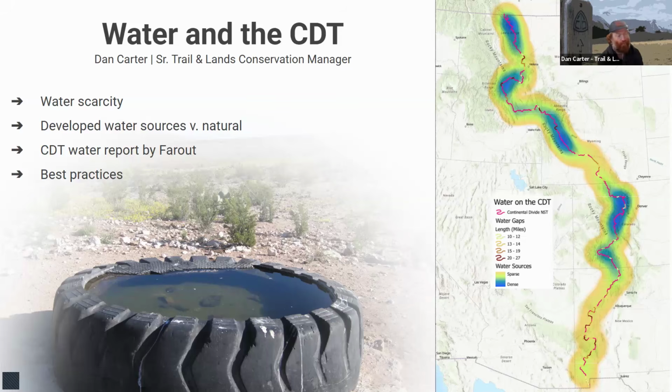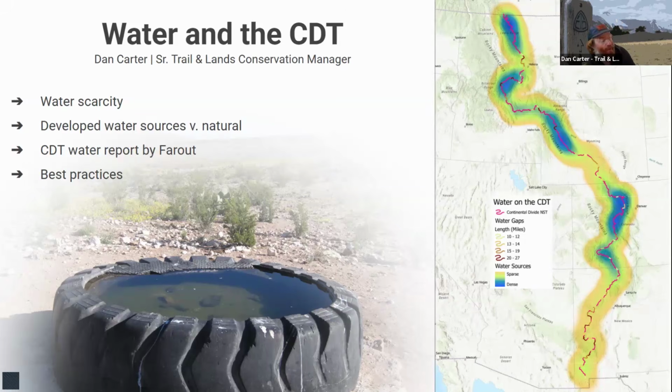And you should be prepared to carry a high water capacity to make long stretches, sometimes up to a day or more worth of water in those dry stretches as well. And along the CDT, you'll come across many different types of water sources, both natural and developed water sources.